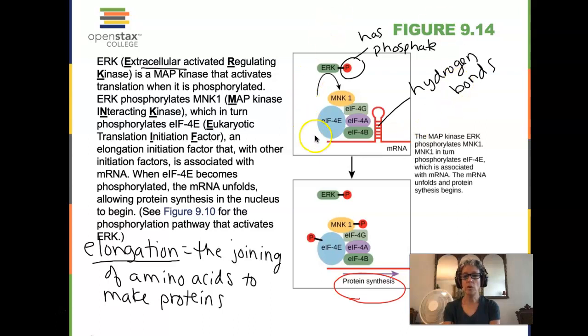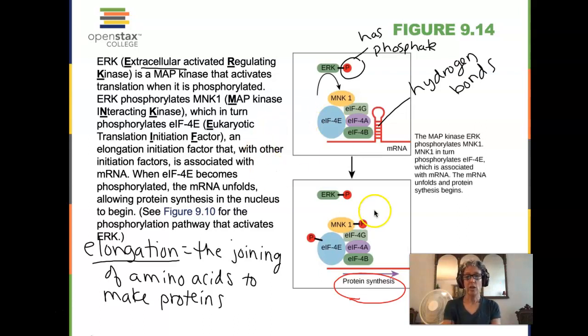So if we don't worry about all the little blobs piling up over here, in the top image, the messenger RNA has folded on itself and is connected by hydrogen bonds. And that means if a ribosome were to try to bind here, it's going to run into this structure and it can't get past. So we would not get translation.